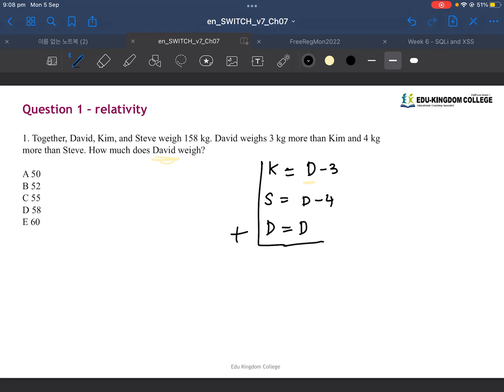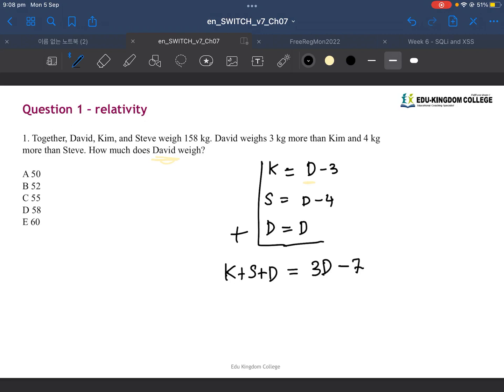Then on the left side, I have K plus S plus D, which is equal to D minus 3 plus D minus 4 plus D, which, if you work it out, is 3D minus 7.